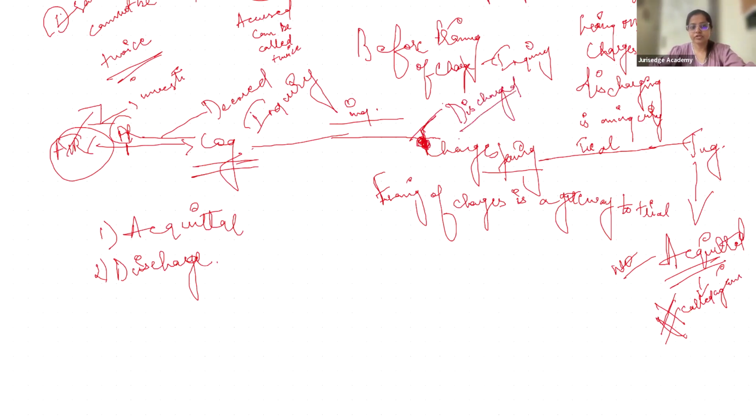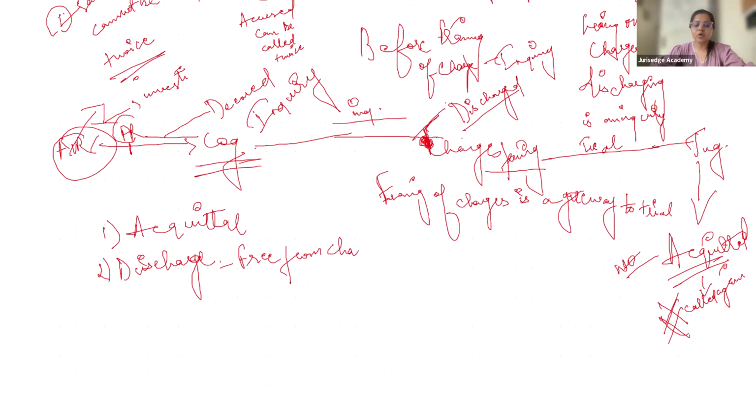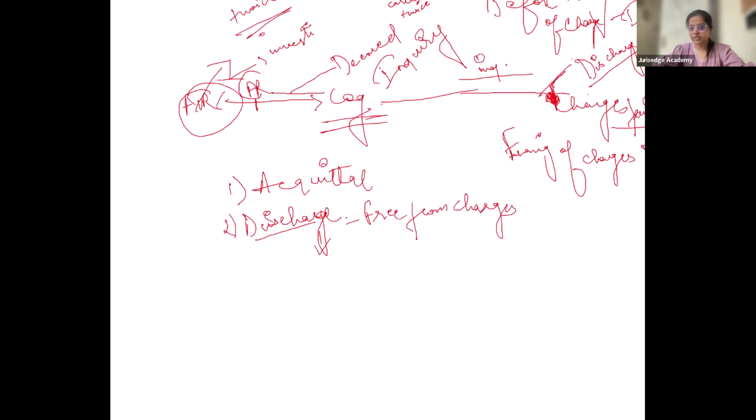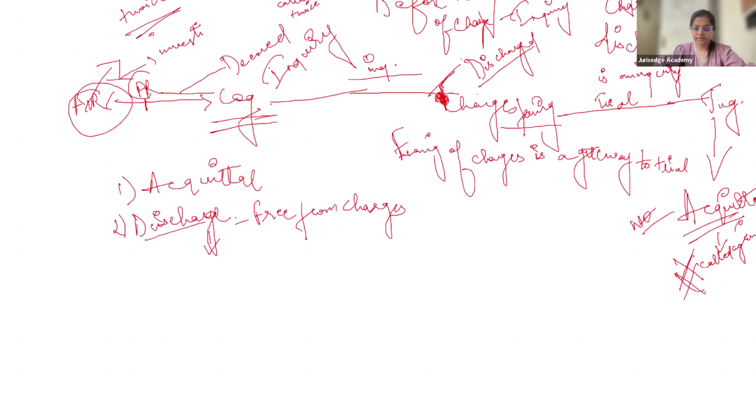Discharged means free from charges, but this is not acquittal. The person can be called again if there is new discovery of facts. The facts can be discovered from wherever the court thinks fit. If the person should be called again, the person will be called again.